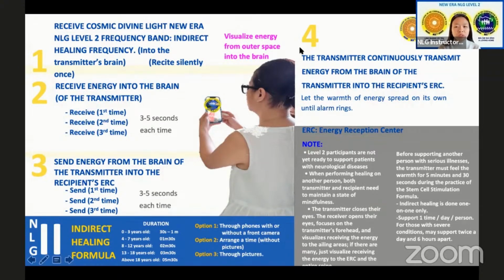So for example, step 4 is that the transmitter continuously transmits energy from the brain of the transmitter into the recipient's ERCs continuously. So it means you would do that all the way until the alarm rings. You'll continue to transmit energy. So don't just recite that in your head and leave it there. You recite it in your head, and then you have to actively direct that energy, you channel that energy.